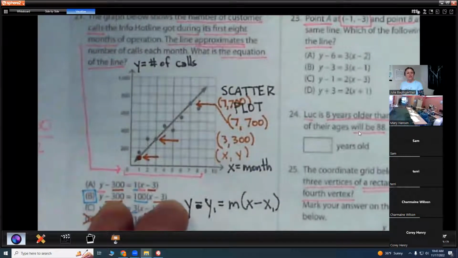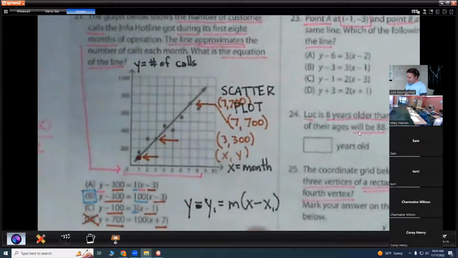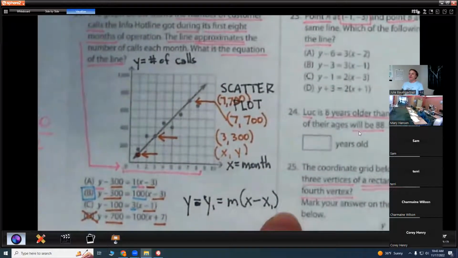Does that make sense? So this is the formula, right? This is kind of like the recipe that we use to insert what we know to try and figure out what is correct, right?